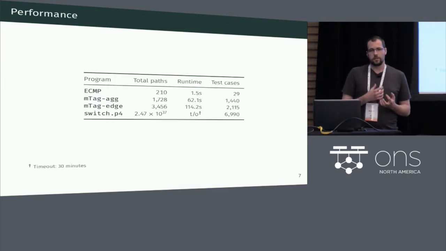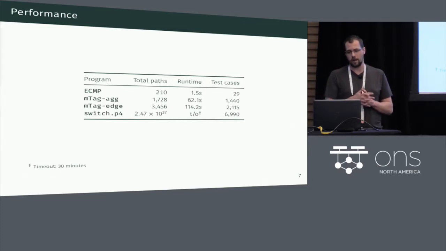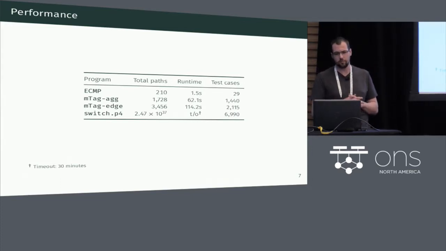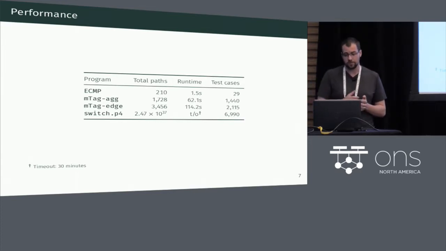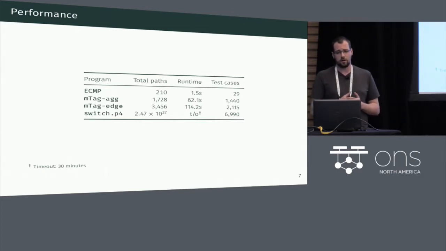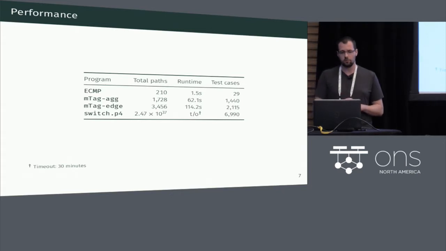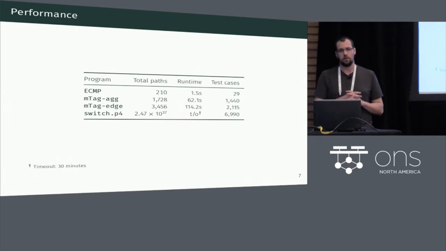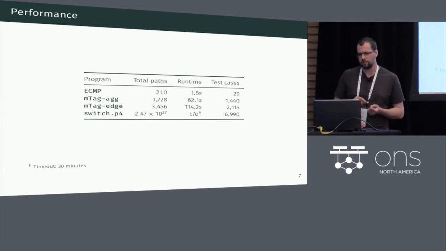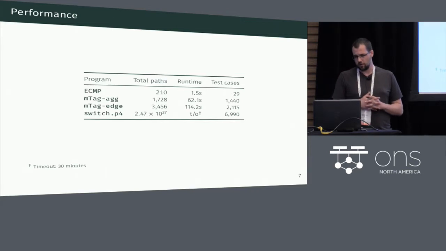Now that we've seen a little bit how p4pktgen works in translating paths into an SMT problem, let's briefly talk about some results that we found. We tested p4pktgen on 4 P4 programs: ECMP, which is an example from our paper, 2 examples from the original P4 paper, and switch.p4, a large open source P4 program that we had to simplify a little bit to only use the P4 features that we currently support.